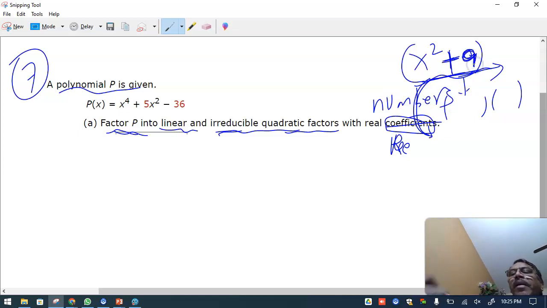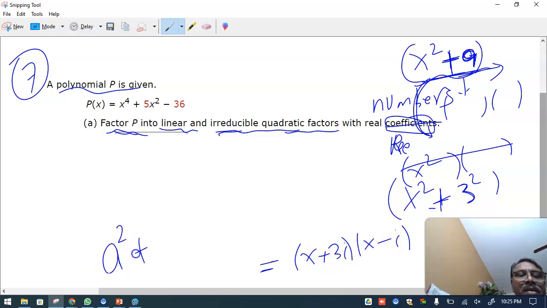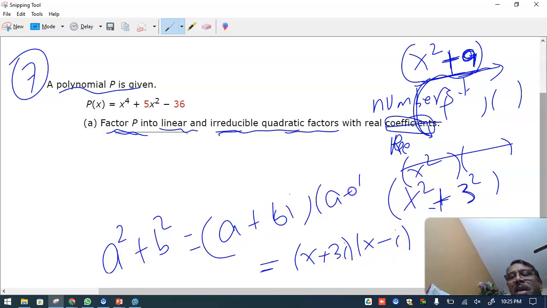But if you want to factorize it further, you have to write x squared plus 3 squared, and then you can easily factorize into factors with complex numbers. You put x and x, and because there's a 3, put 3 with plus and minus i, because a squared plus b squared is a plus bi and a minus bi.